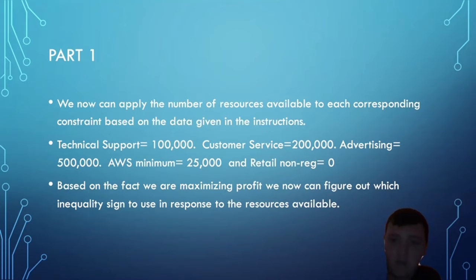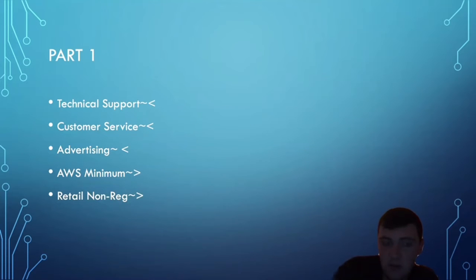All right, so here's the part where, after we've done all that, we have to figure out the inequality sign that we want to use based on what is given. Here, as you can see, technical support, customer service, and advertising, and then you have AWS minimum and retail non-reg, which are the two that are different.